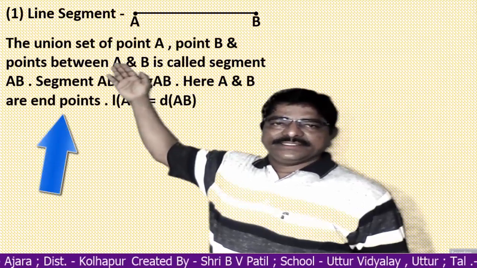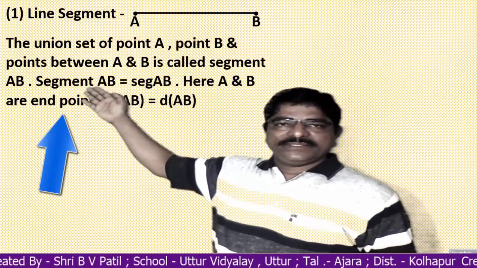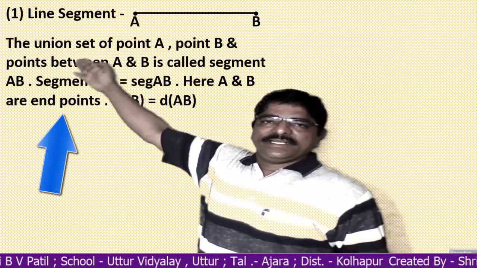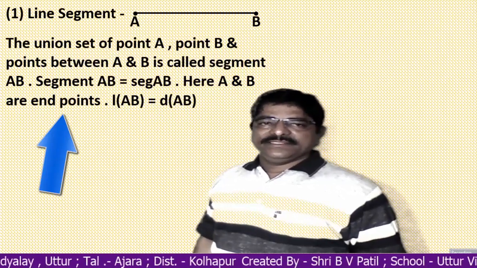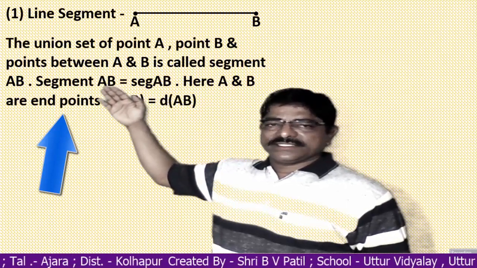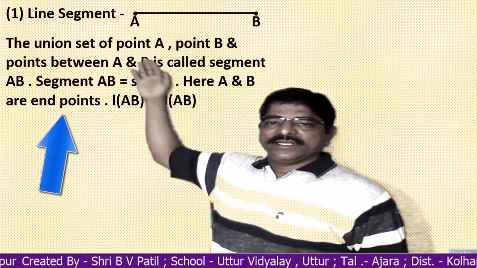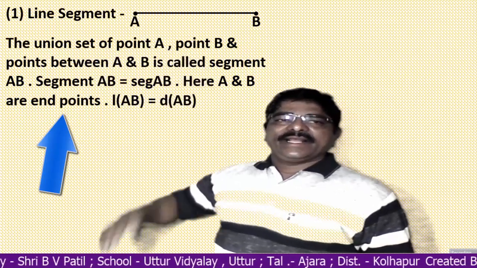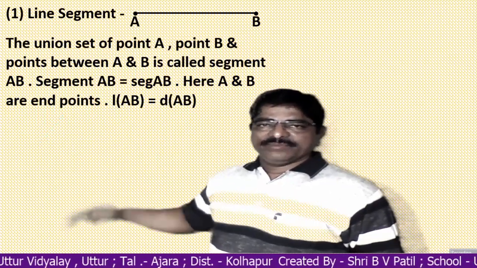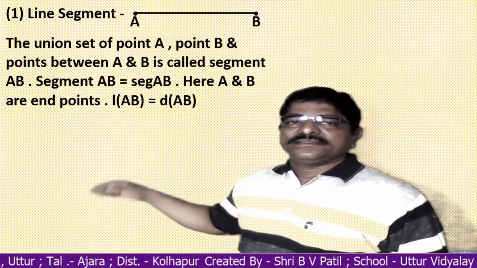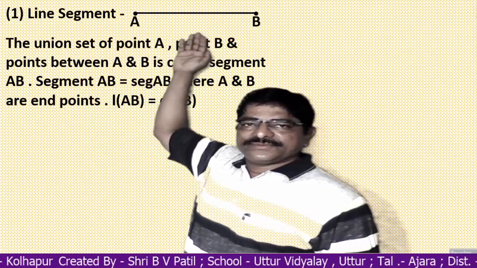The union set of point A, point B and the points between A and B is called segment AB, and segment AB is shortly denoted by seg AB. Here A and B are endpoints. Length AB is equal to distance AB. This is line segment AB.